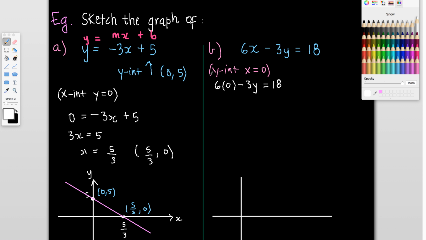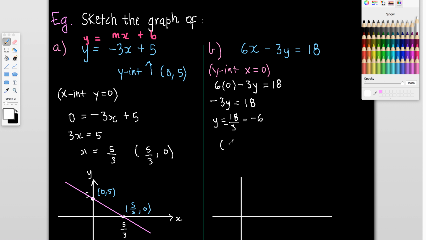Now I'm just going to keep this to the left-hand side because I'm worried about space here. So this leaves me with negative 3y, of course, because this just cancels out as it is 0. So y will be 18 on negative 3. So that's negative 6. So that's my coordinate for my y-intercept.